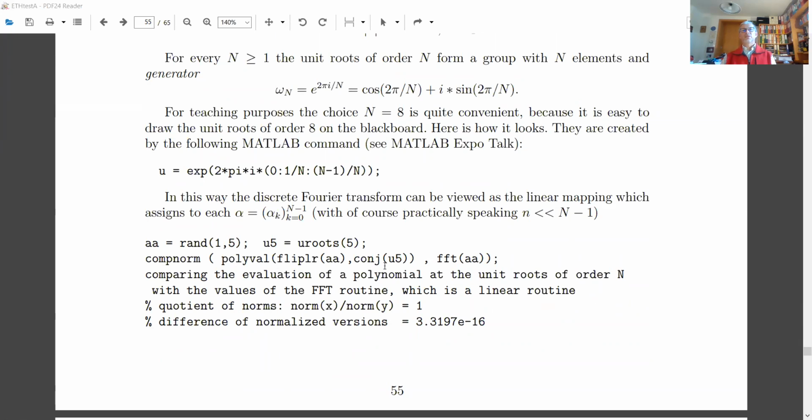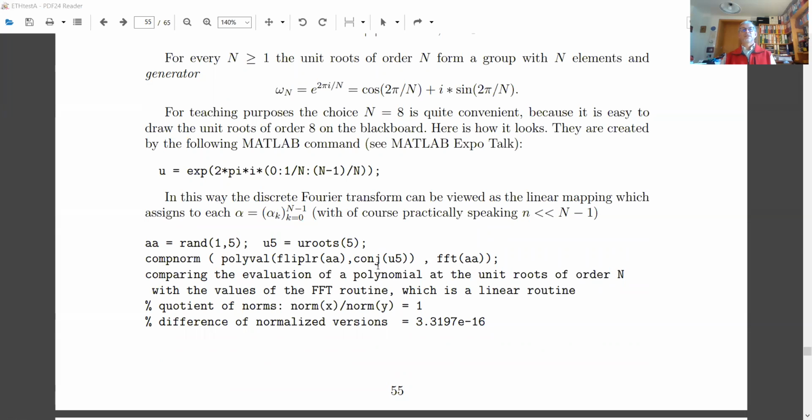And the second thing is, I told you we have the unit roots of order n, but in order to comply with the traditional definition of the Fourier analysis and the Fourier coefficients, you have a minus here. It was a conjugate in our continuous formula. And that's why you have to take the conjugate here.